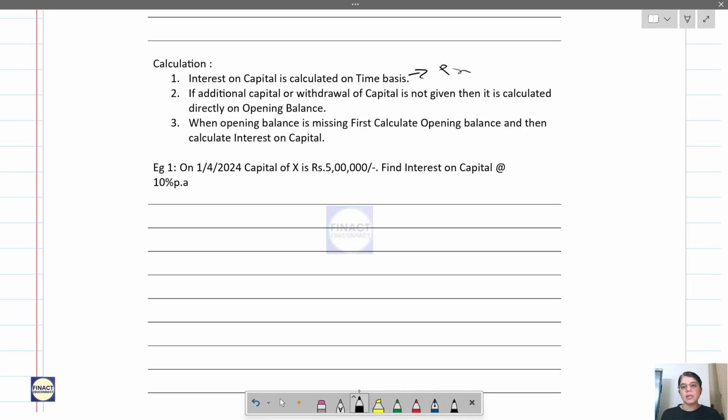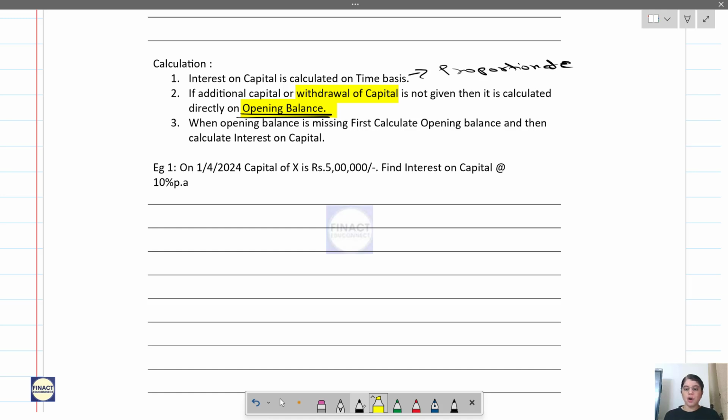Time basis means proportionate basis. If additional capital or withdrawal of capital is not given, then it is calculated directly on opening balance. This is important. So understand, this is a withdrawal of capital, this is not drawings.